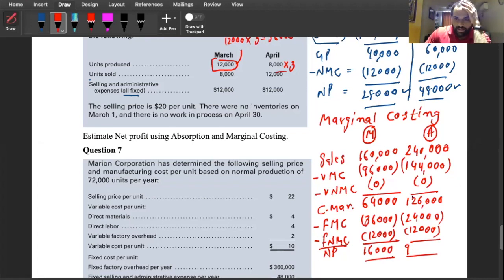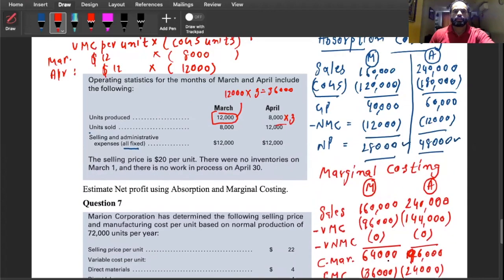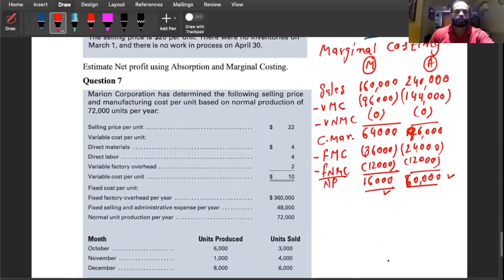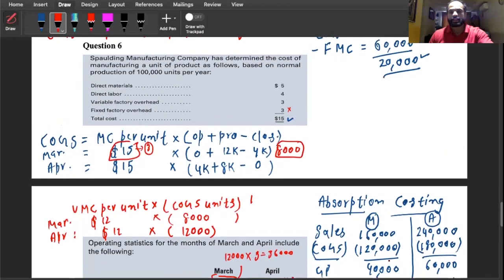Some of you made a mistake in calculations because I don't have a calculator with me. So 96 minus 24 minus 12. How much will it be? 60? Net profit is 60? Yes, 60. That's all for question 6. Question 6 is finished. All right, any question for question 6?